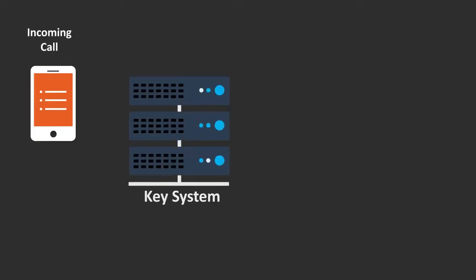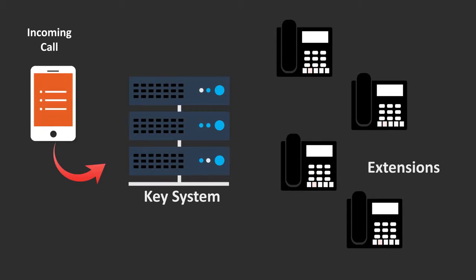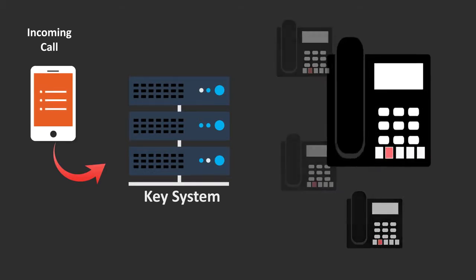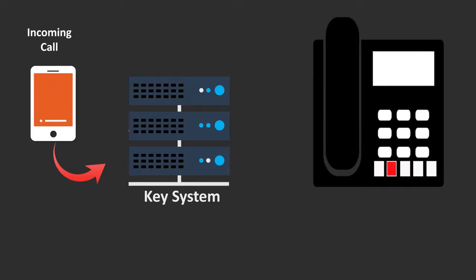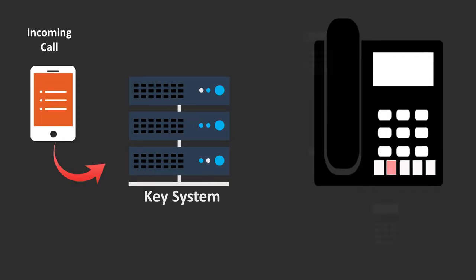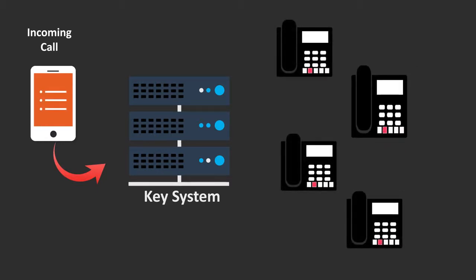Star-to-Star systems can be set to operate in key system mode. In this mode, several buttons or feature keys on each phone are reserved for holding and transferring calls. When this feature is enabled, the Star-to-Star system mimics the operation of a key telephone system commonly used in many small offices.